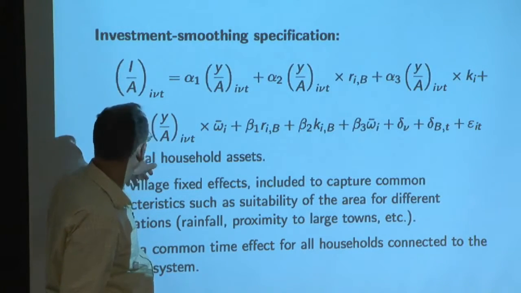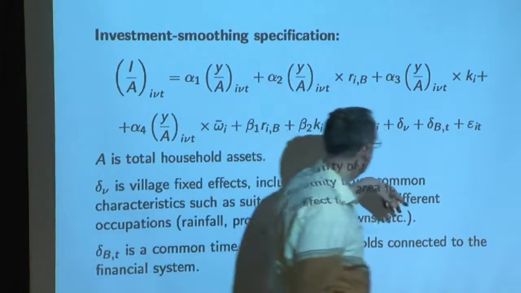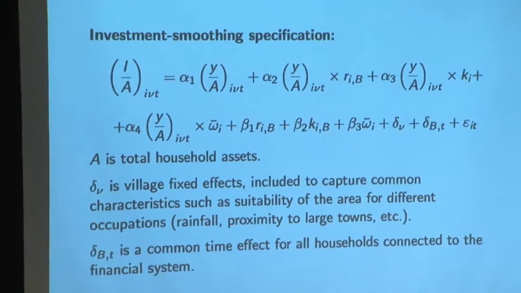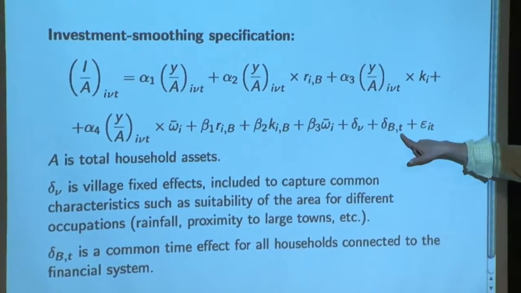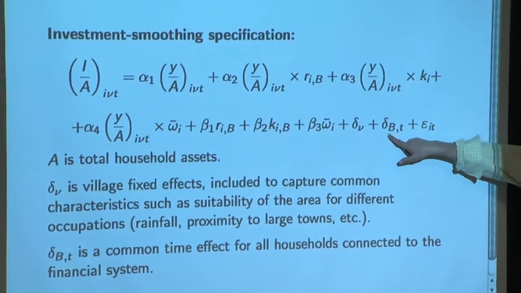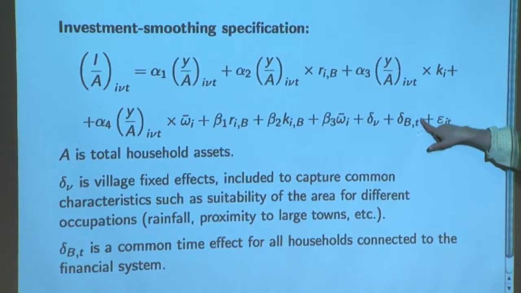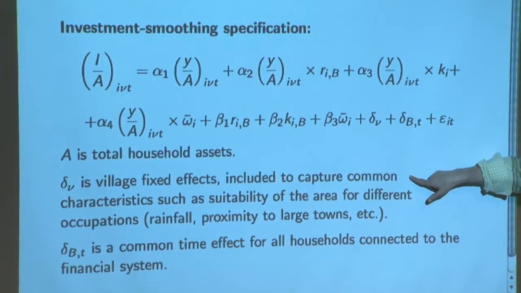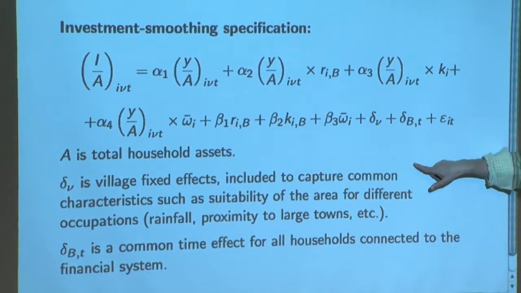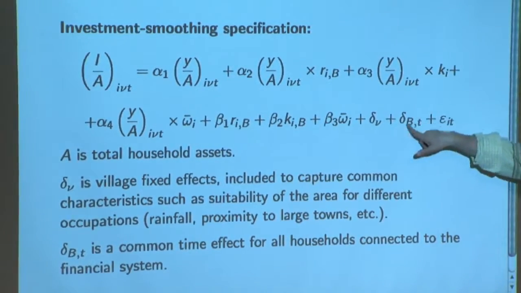I should have highlighted that in both of these equations, you've got these time-varying common fixed effects. This is what the theory is telling us to do. It's not as though consumption doesn't move with income. Consumption can move with this fixed effect.